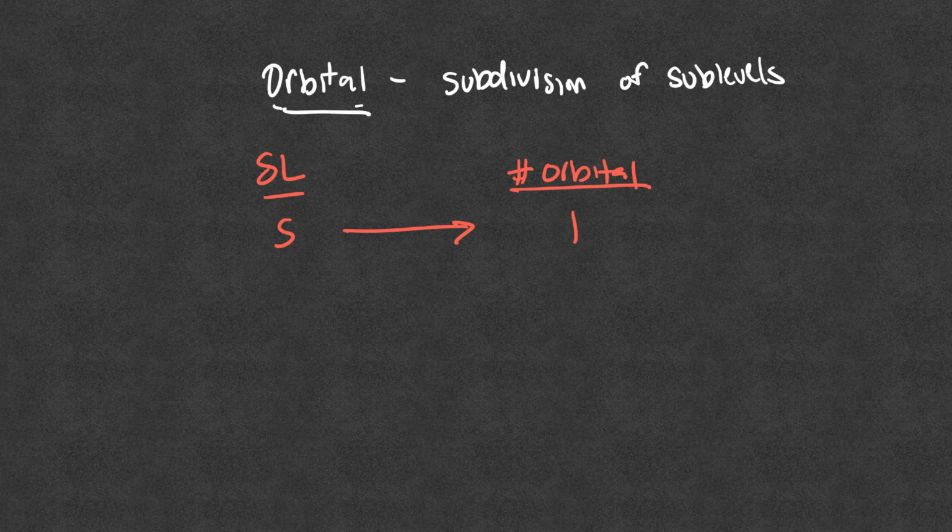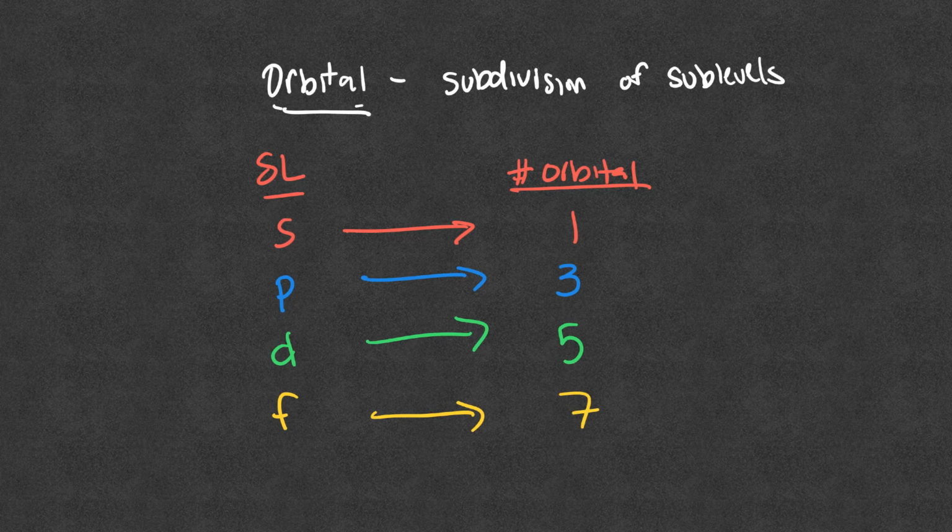Sublevel P contains 3 orbitals, sublevel D contains 5 orbitals, and sublevel F contains 7 orbitals. And it kind of goes in that pattern. So the next sublevel will have, if you guess, 9. The sublevel after that will have 11. So it kind of goes in this series of odd numbers, a series of 2s.